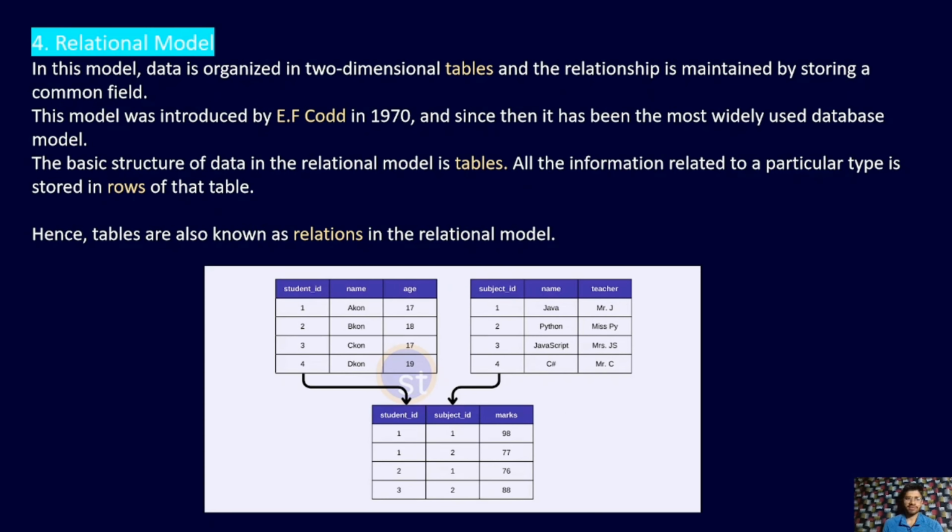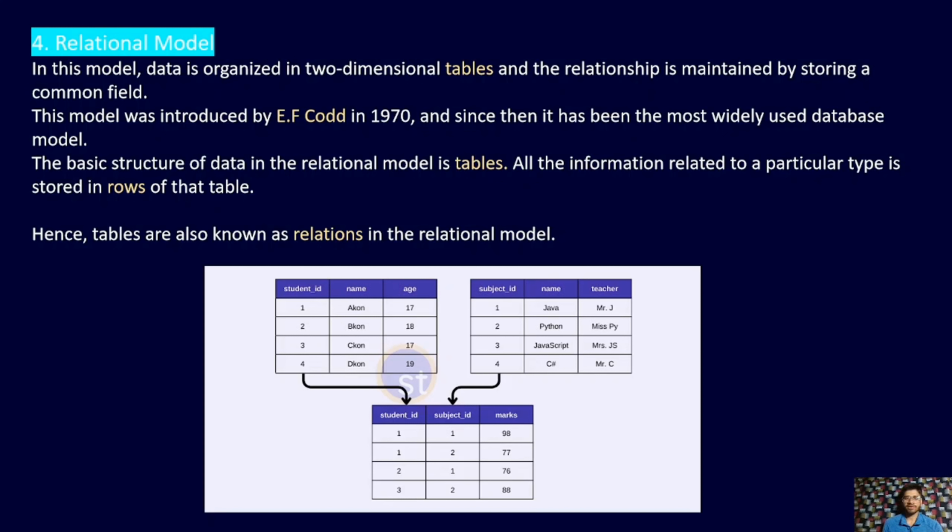Then we have the relational model. In this model, data is organized in two-dimensional tables and relationships are maintained by storing a common field. This was introduced by E.F. Codd in 1970 and it has been the most widely used database model.